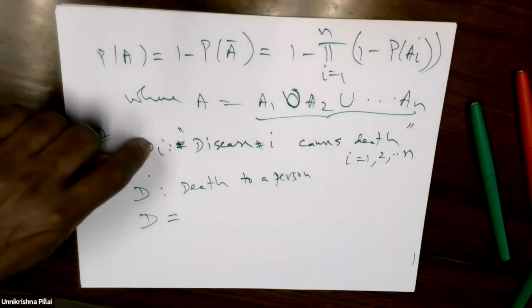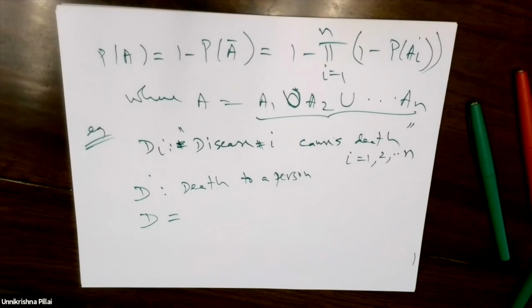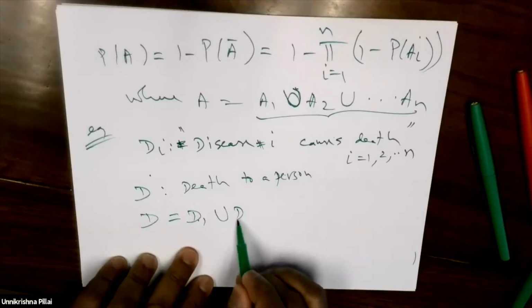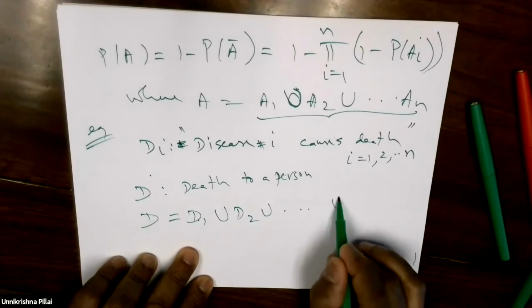So what is the relation between the DIs and D? DI is death due to any one cause, any one disease. The union of all these. All right, very good. So death can be caused by D1 or D2 or D3, etc., Dn.